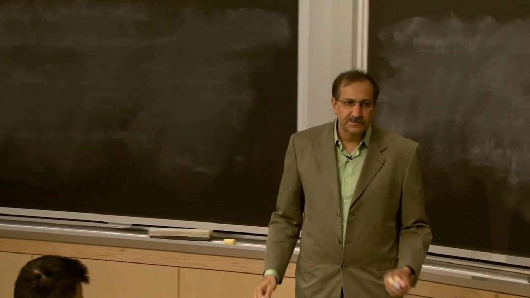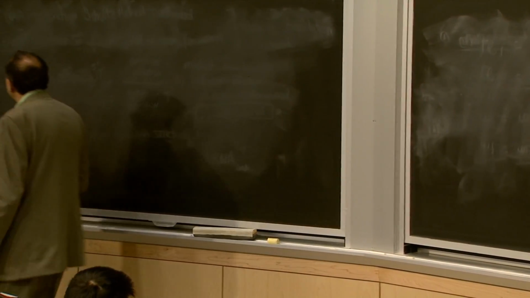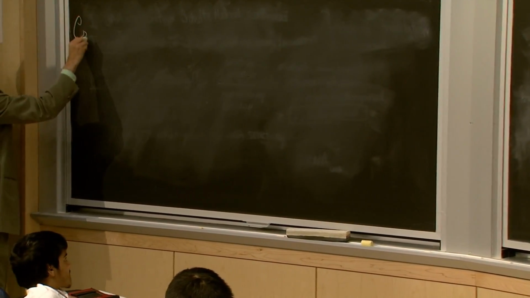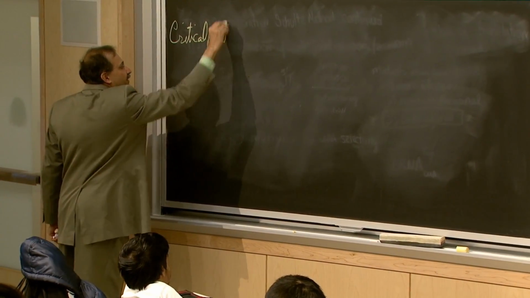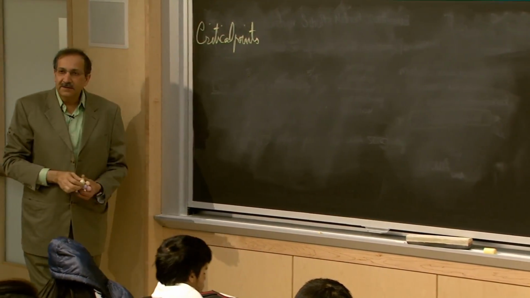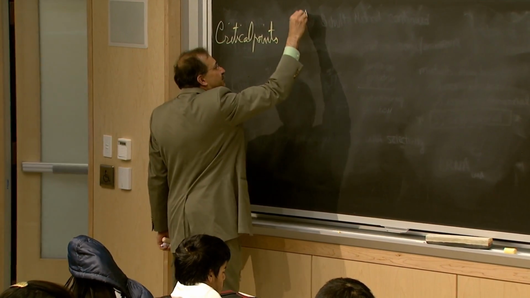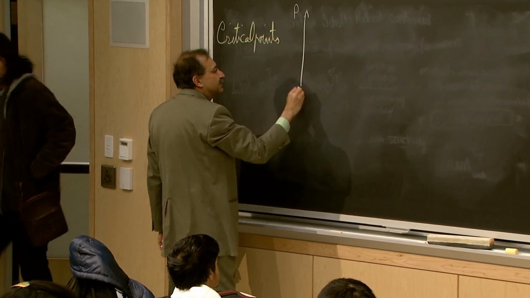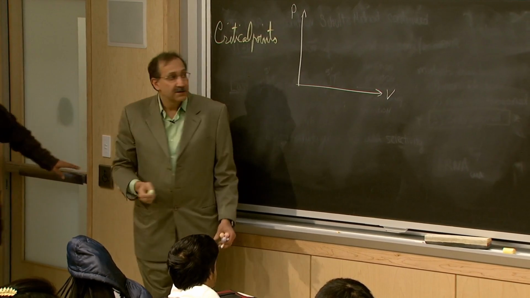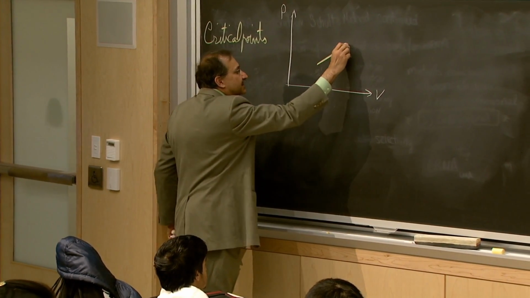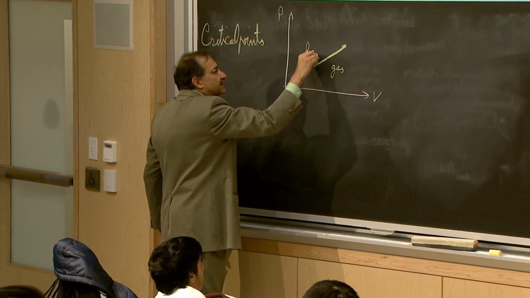Okay, let's start. So we have been thinking about critical points, and these arise in many phase diagrams, such as that we have for the liquid gas system, where there's a coexistence line, let's say, between the gas and the liquid that terminates.